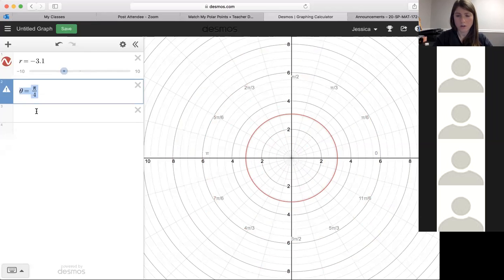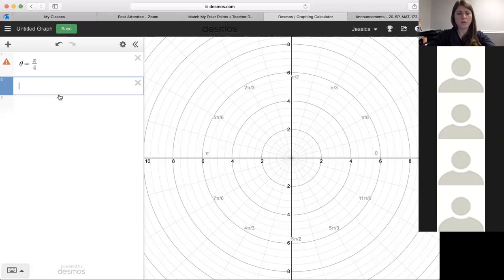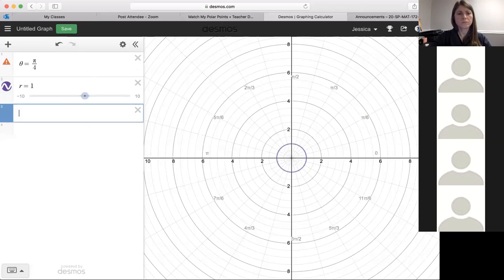And I want to show you kind of what it was doing while I was scratching my head earlier. If I were to think about the point, I'm going to take this back to a radius of 1. r equals 1. Okay, so there's my radius circle. And then if I think about this pi over 4, when I describe it on paper, I know what I'm trying to do, and that's what it does in polar form, but Desmos is having an issue. I'll troubleshoot that in a second.